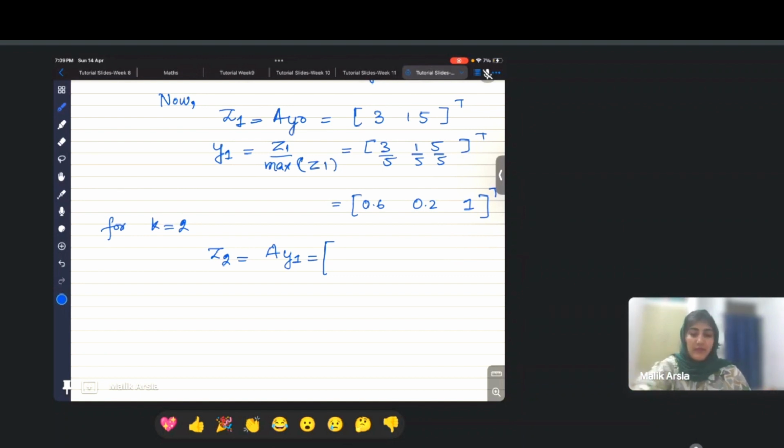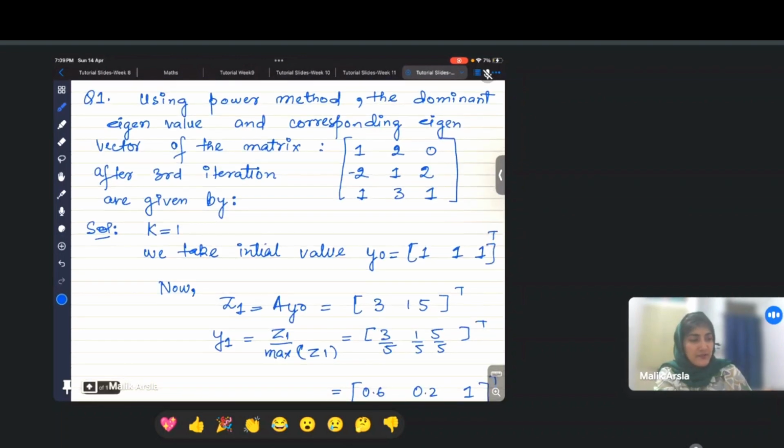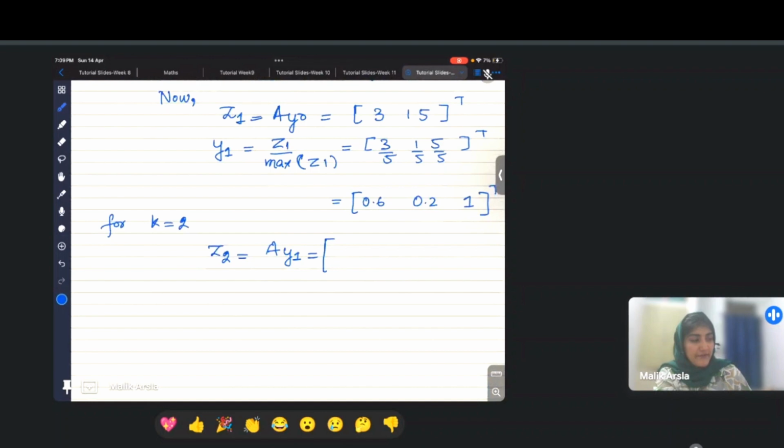Y2 is 0.2941. I guess not; it is z2 you have to calculate, A into y1. A is already the matrix given here, and y1 is this. You might be making a mistake, but it comes out to be [1, 1, 2.2].